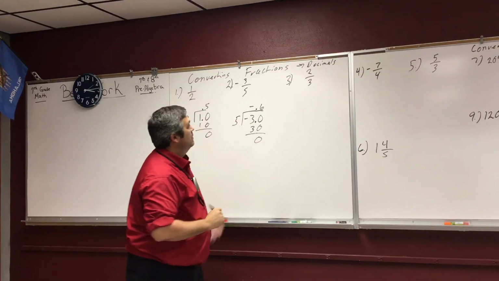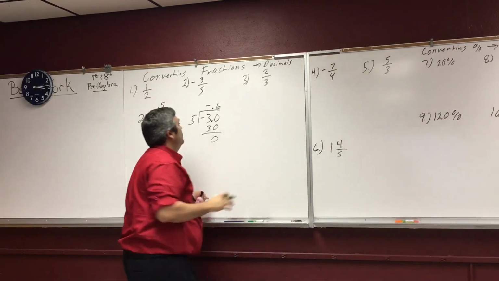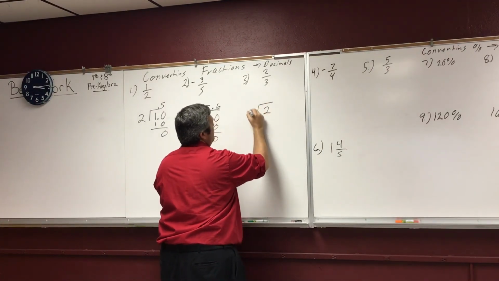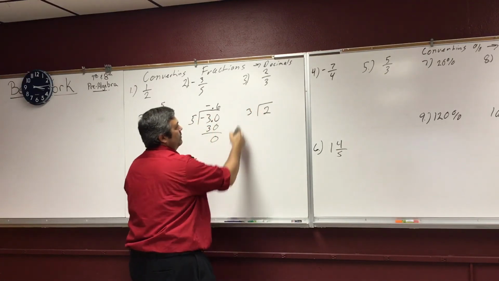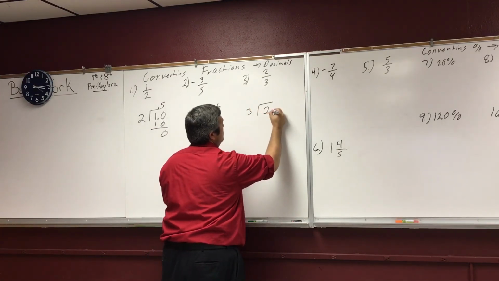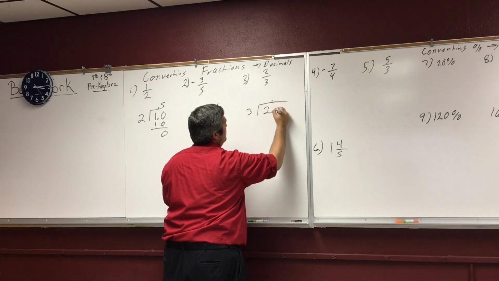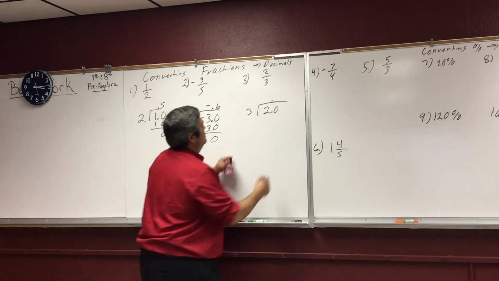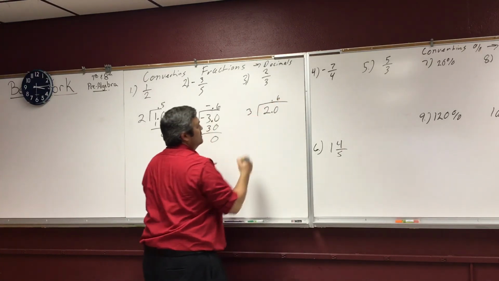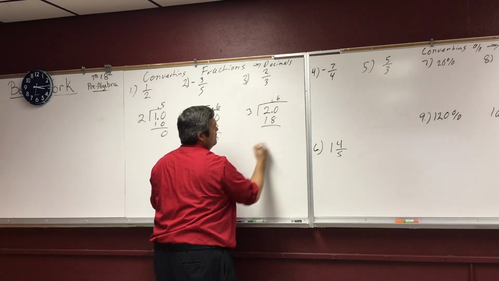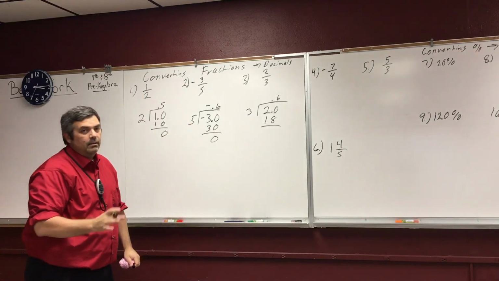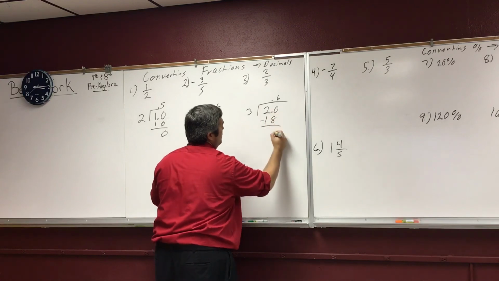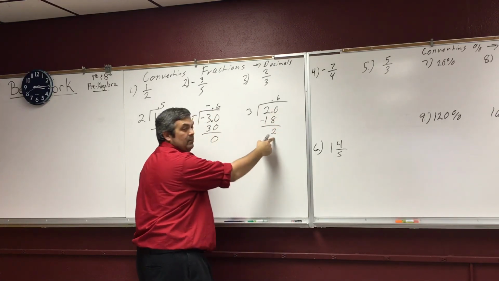Pay attention, okay? So here you've got 2/3, 2 divided by 3. Well, 3 doesn't go into 2, so decimal, add a 0, 3 into 20 is 6. 6 times 3 gets me 18. Now look at what happens right here. Pay attention to this because this is what you're going to be looking for. I subtract, I get a 2, so I've got a remainder.